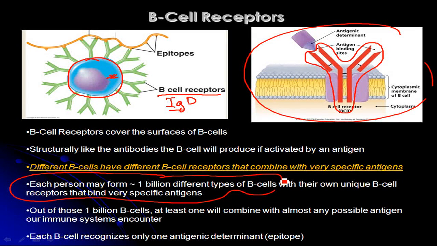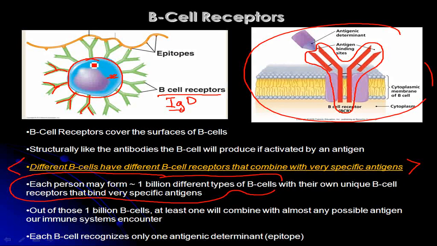Now here's something that's really, really important. Different B cell types have different B cell receptors embedded in their surface. And all of those receptors on one particular type of B cell will bind to only one antigenic determinant, one epitope of one antigen.